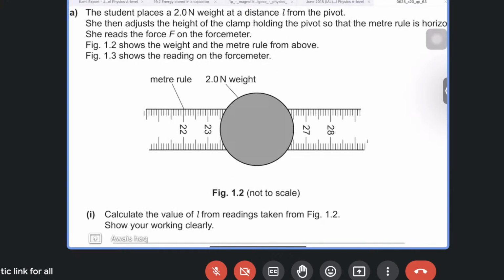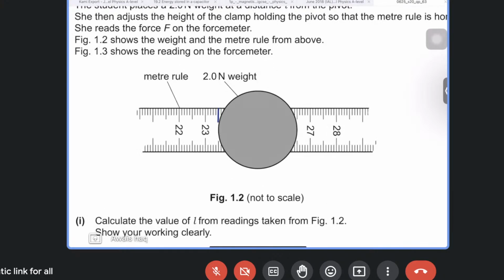How would we find the center? You basically use your ruler and mark it like this, in the exam as well. Then also mark it from here. If you read it, this is 23.1, 23.2, 23.4, 23.4, and 23.5. So 23.5 here, and on this side it's 27 written here, so it must be 26.9, 26.8, 26.7, 26.6, and 26.5.